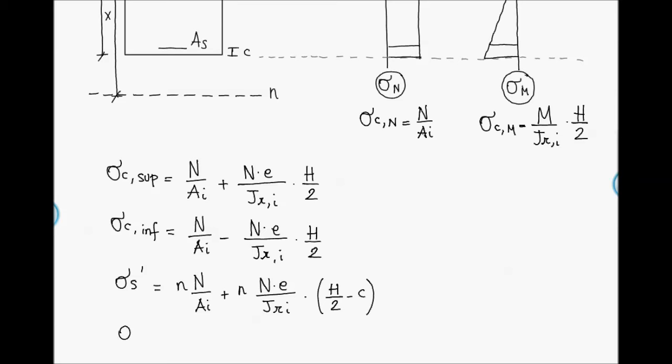And finally, sigma S, which is n times N over Ai minus n by the bending moment over Jri by H half minus C.